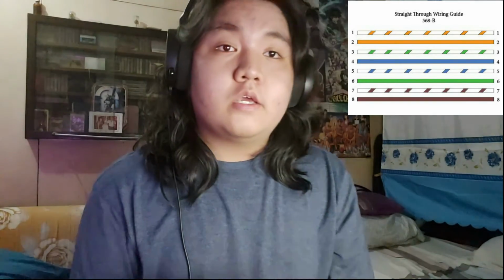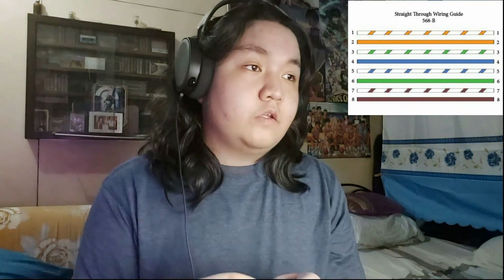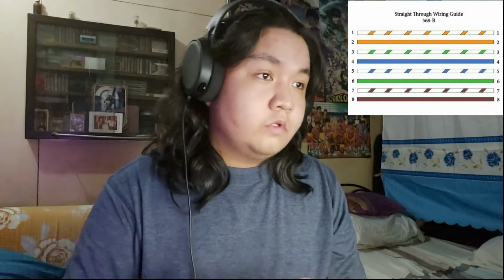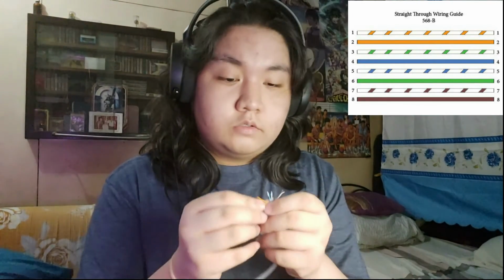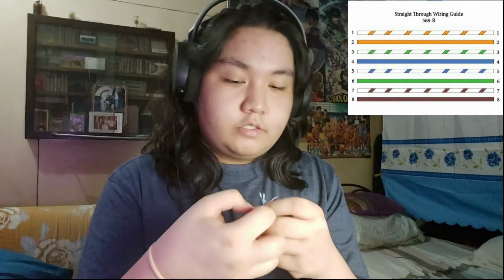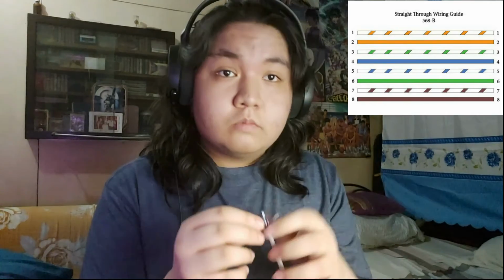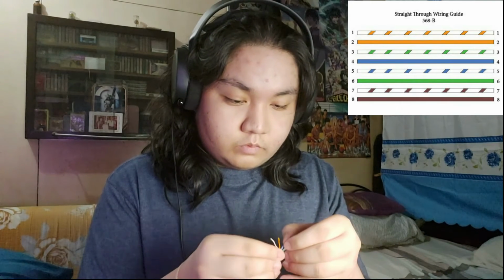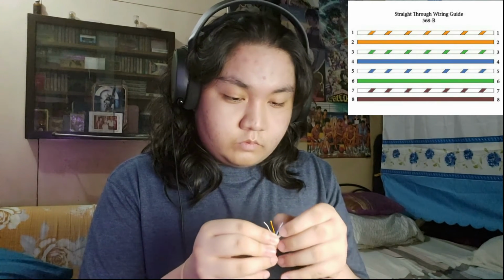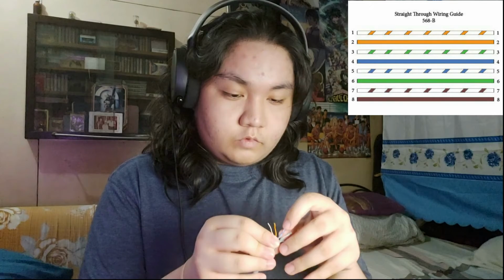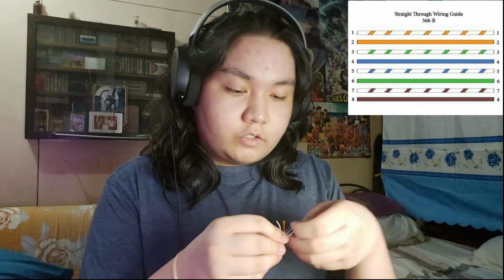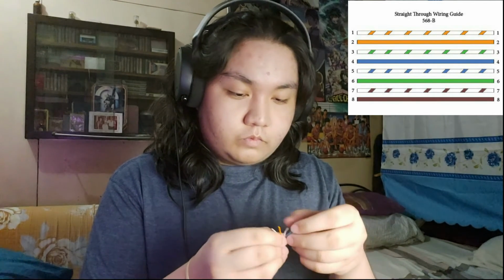In making a straight through cable, we need to follow a certain color code, which is white orange, orange, white green, blue, white blue, green, white brown, brown. We just follow that color code and align it.